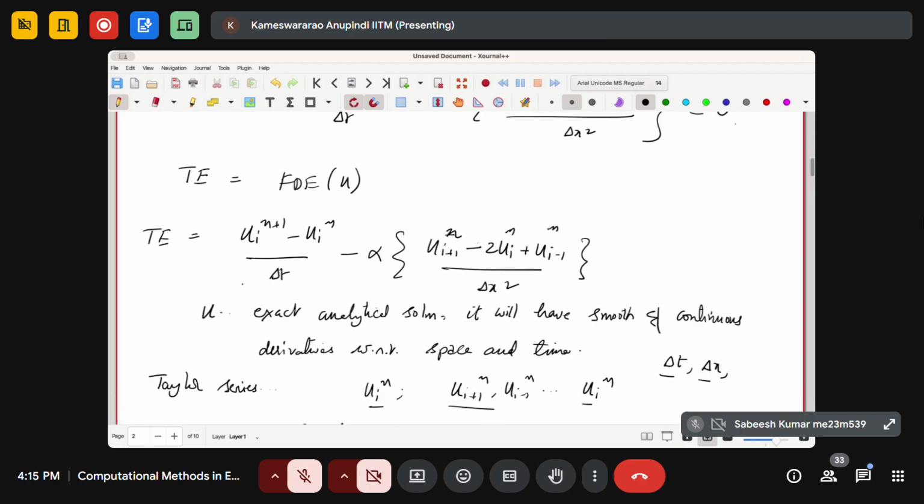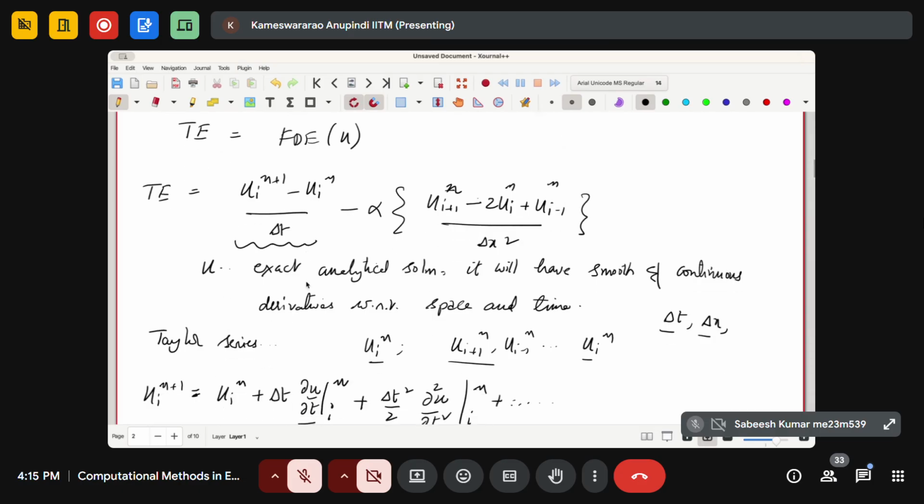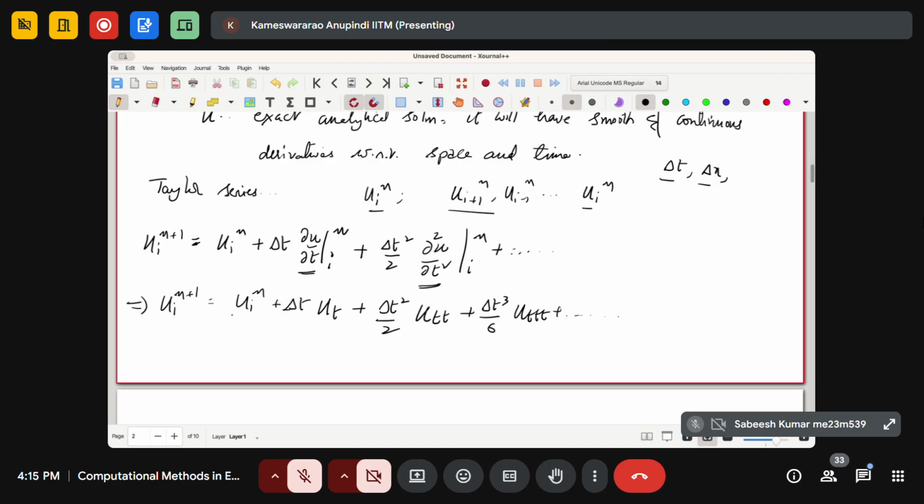That means I can now write an expression for (u_i^(n+1) minus u_i^n) by delta t from here, by bringing u_i^n to the left-hand side and then dividing throughout by delta t. (u_i^(n+1) minus u_i^n) divided by delta t will basically give me u sub t, which is of course calculated at i comma n, which I have not been writing all the time, plus delta t squared by 2 divided by delta t, which makes it delta t by 2 u sub tt, again at the ith location at level n, plus delta t squared by 6 u sub ttt at i comma n and so on.